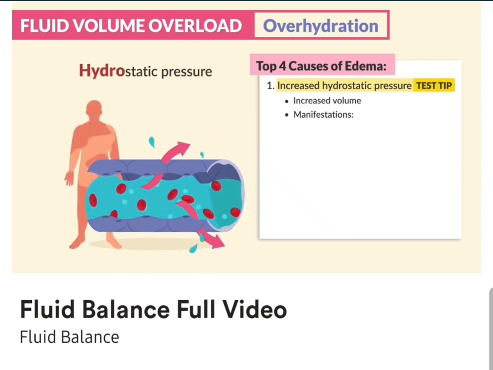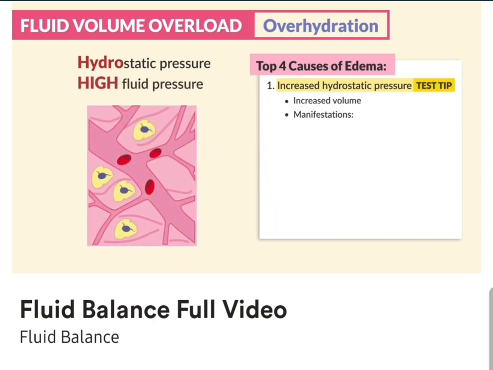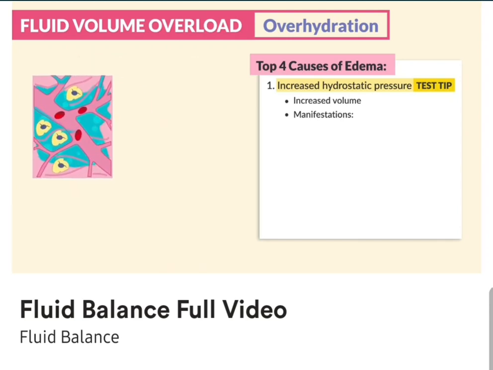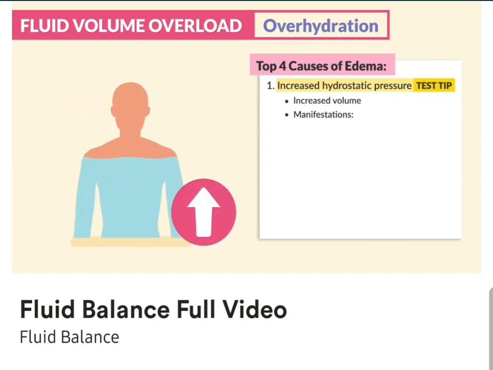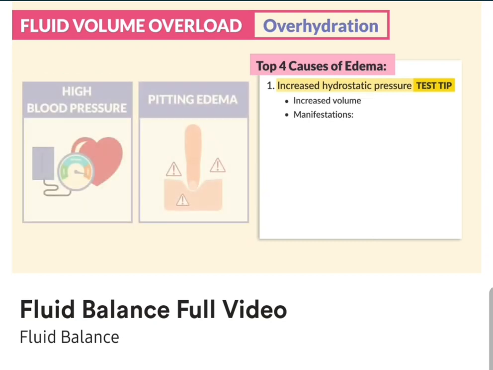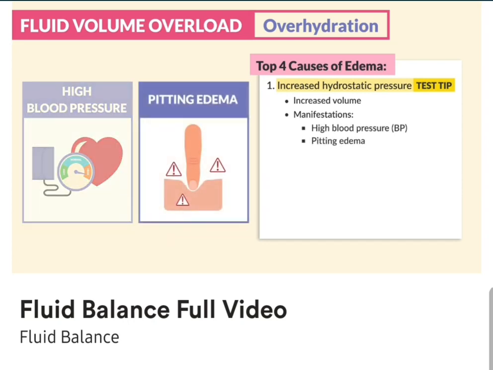Remember, hydro means fluid. So think high fluid pressure within the blood vessels, causing fluid to be pushed out of the vascular space, or the blood vessel, and into the interstitial space, resulting in edema. So we see increased fluid volume, and the manifestations here are high blood pressure and pitting edema, basically worsening edema here.